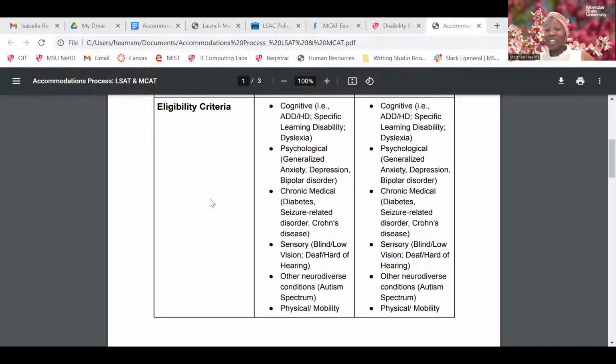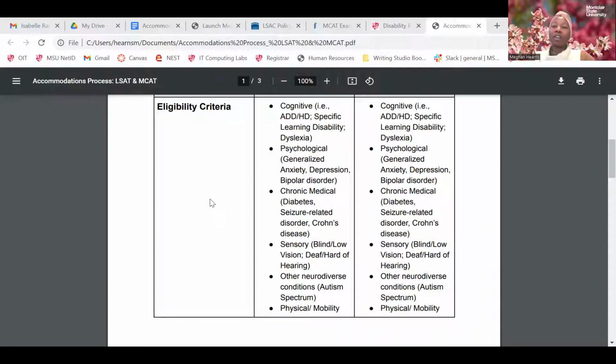There's a lot of different types of disabilities. I listed some of them, but each process has a specific category in which one of these diagnoses would fall. The good news is much of this information is very consistent with the documentation guidelines for the DRC.